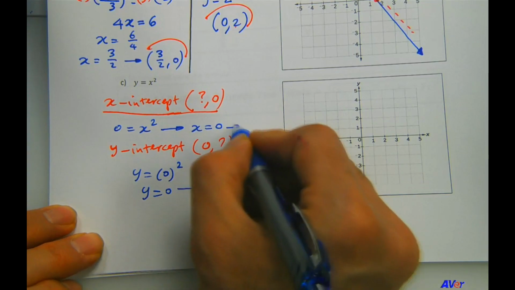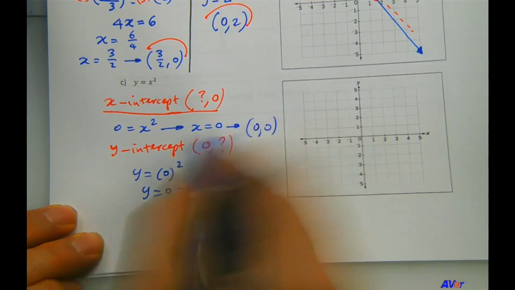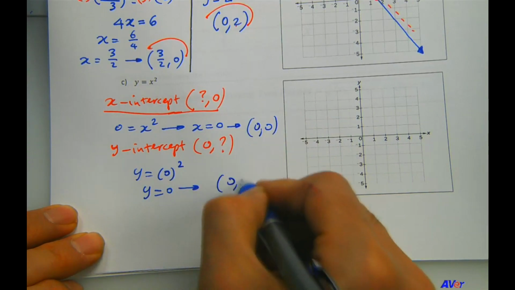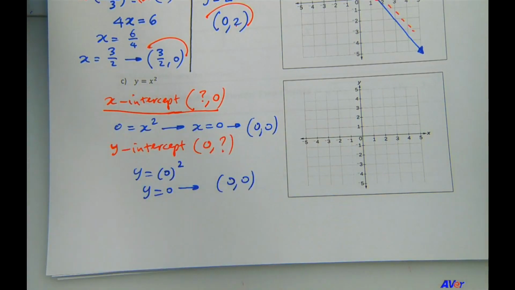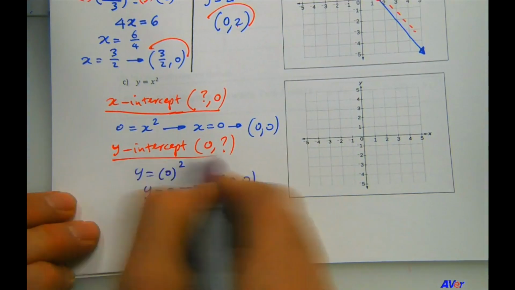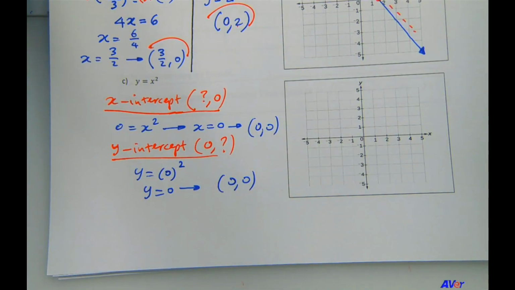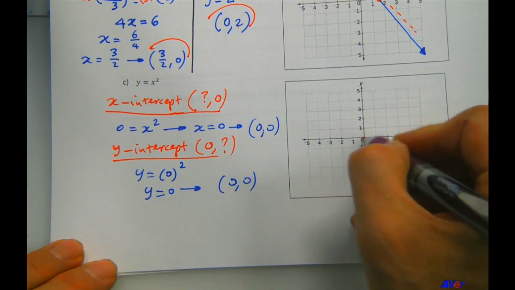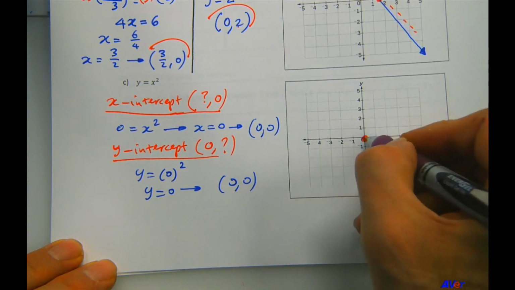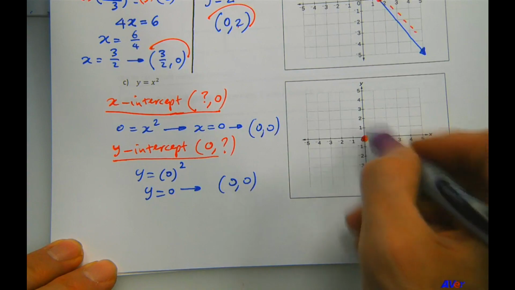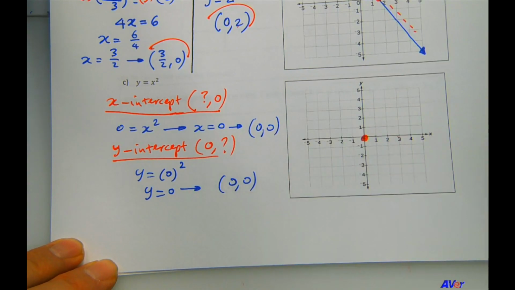So, well, I should complete this. So 0, comma 0. And here, once again, 0, comma 0. So the x and y intercepts are the same. They are the origin. Right there. Right? Any line going through the origin is going to intersect both x and y axes.